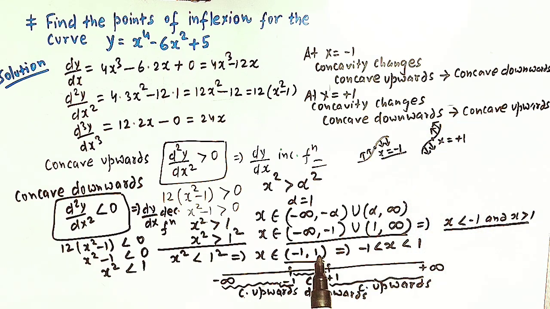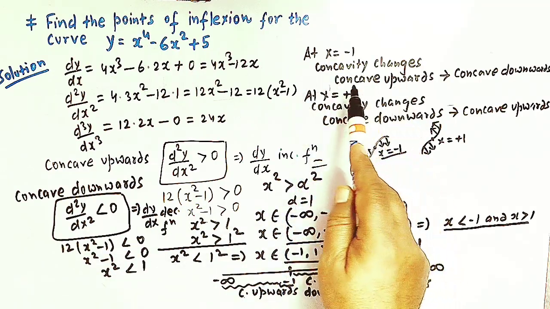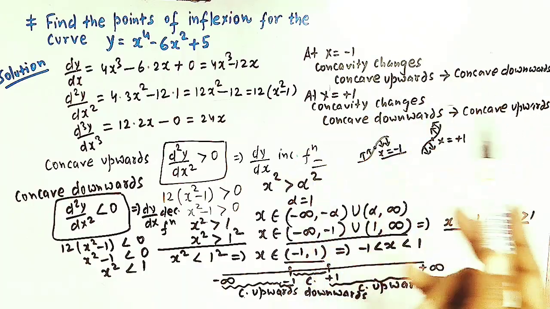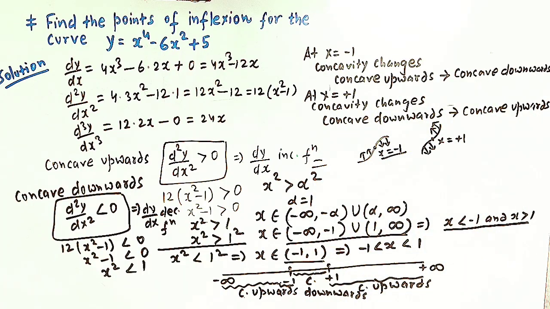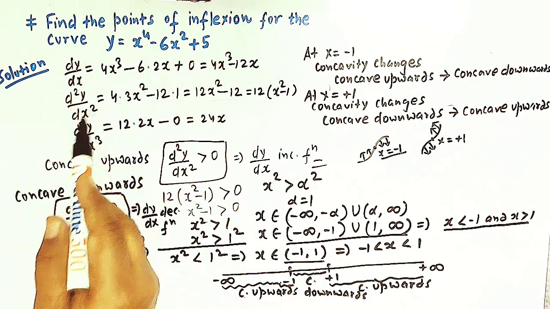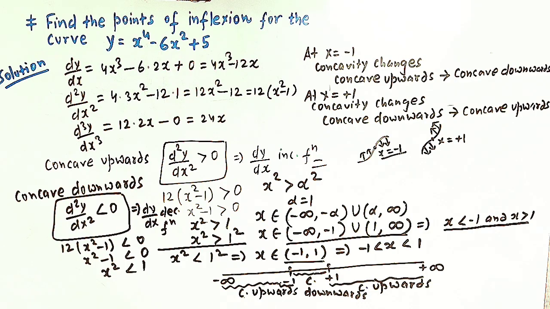So this is how we can show that the concavity changes from upward to downwards or downwards to upwards. And we can also make use of the second derivative to show how the concavity changes at the points of inflection.